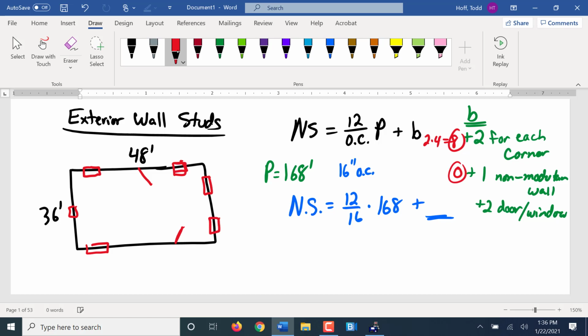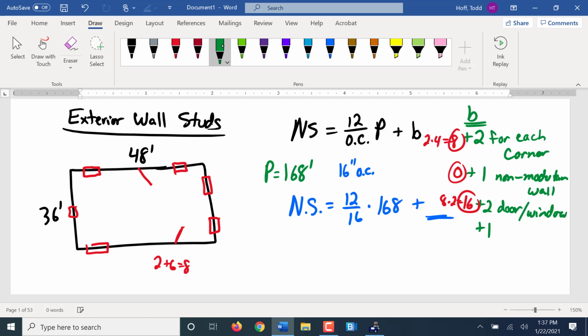Of course, the slants are doors. Total doors and windows, how many do we have? 2 doors and 6 windows. That's a total of 8. So how many are we going to add for that? 16. 8 times 2 is 16.